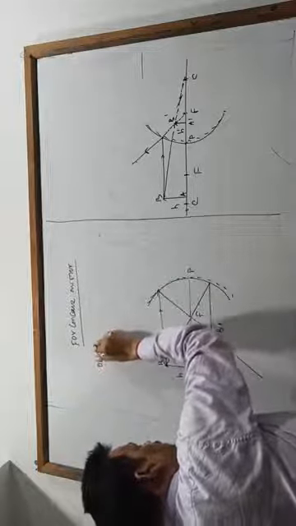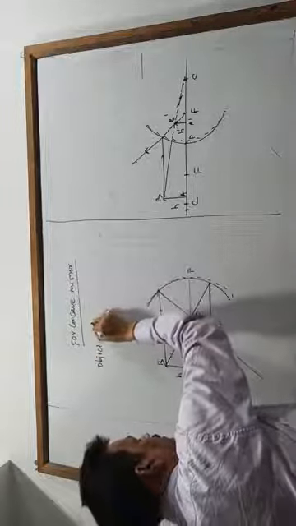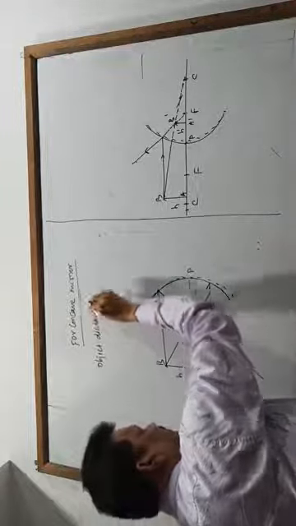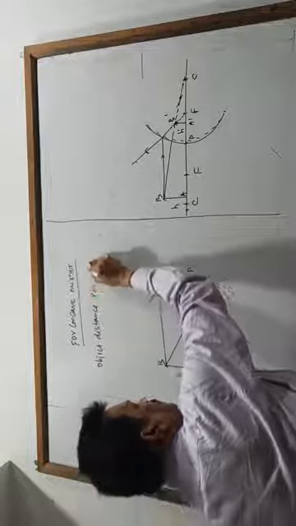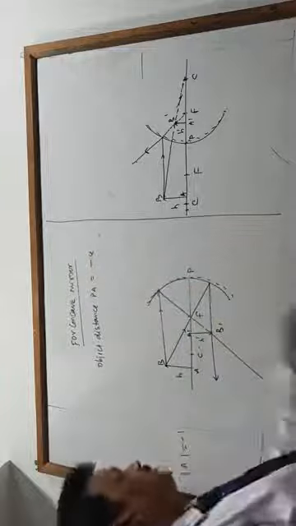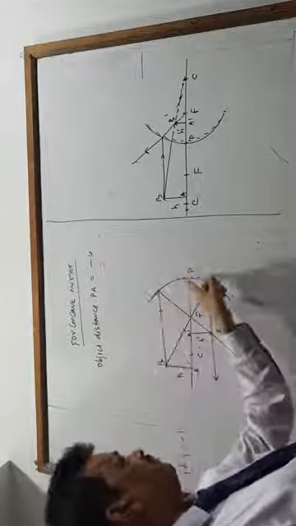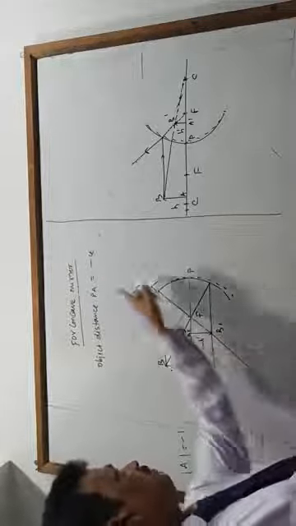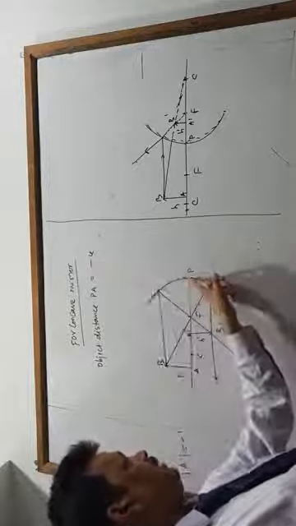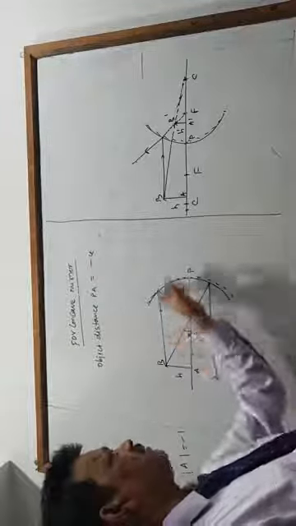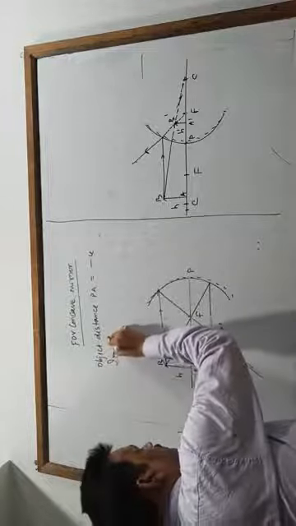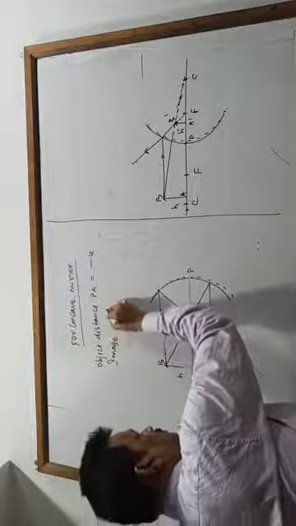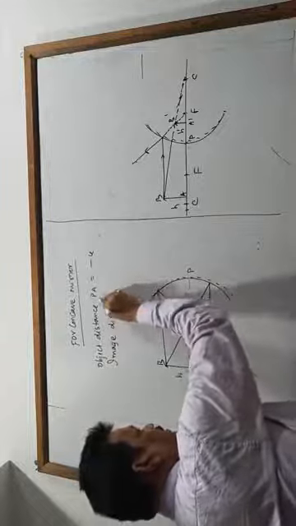object distance, which one? Now PA, that will be minus U, because you take the symbol for measuring the object distance as minus sign, because you are measuring opposite to the direction of ray. Similarly, image distance, which one?